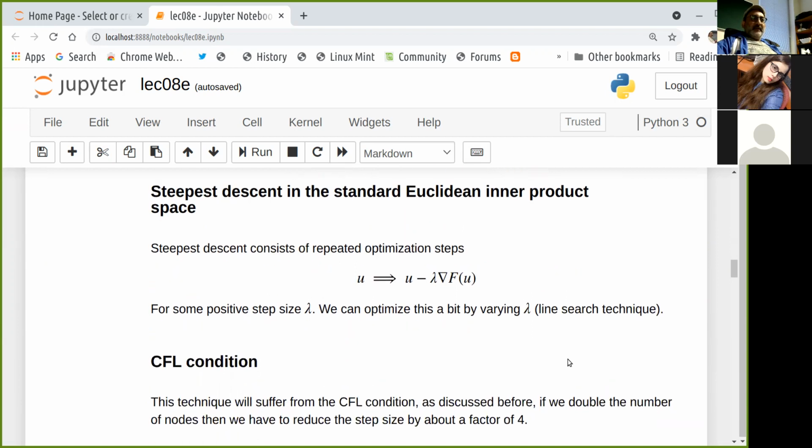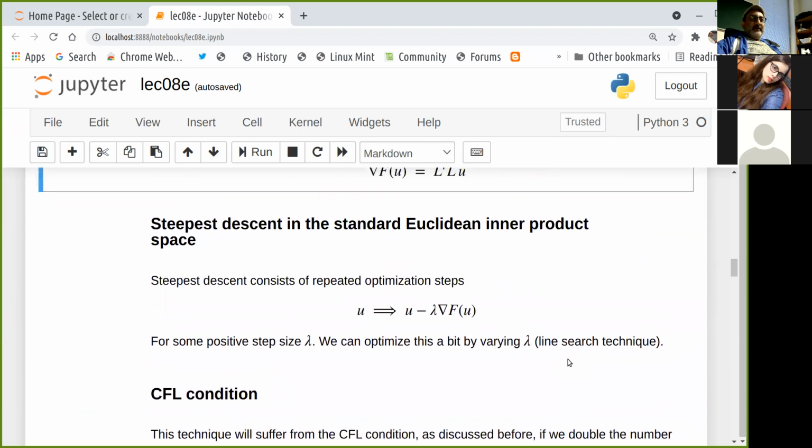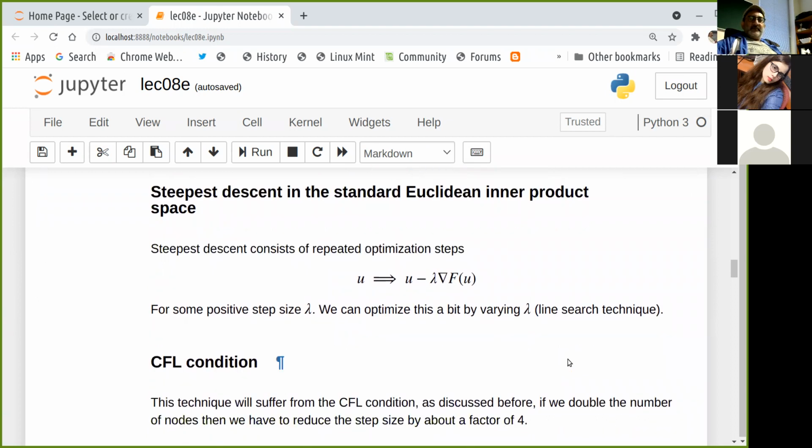Okay. So this sort of issue was studied by Courant, Friedrichs, and Lewy, and they came up with what's called the CFL condition today. And basically what this says is, if I were to double the number of nodes to try and get a better approximation, I would be halving the internodal spacing, and I would have to reduce my lambda by a factor of 4.